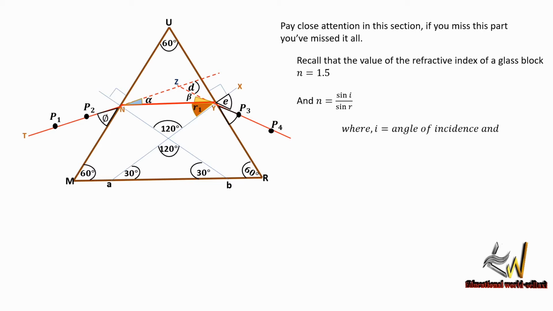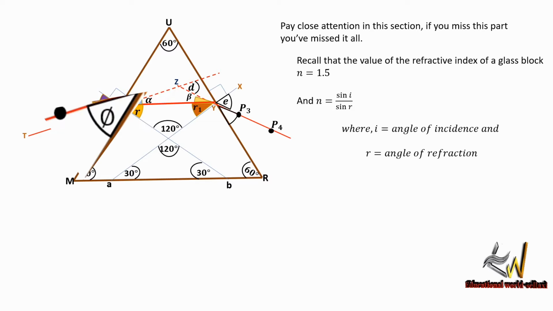And the angle of incidence here is the angle that is made with the vertical, as shown, while the angle of refraction here is the angle also made with the vertical but inside the glass.